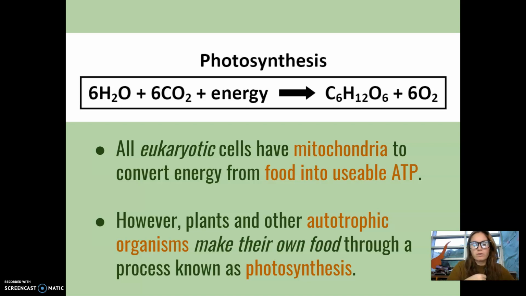I mean, we've talked about the Golgi apparatus, endoplasmic reticulums, the nucleus, DNA in general, cytoplasm. We could go on and on. But all eukaryotic cells have mitochondria, and those mitochondria help them to convert energy from food into usable ATP.